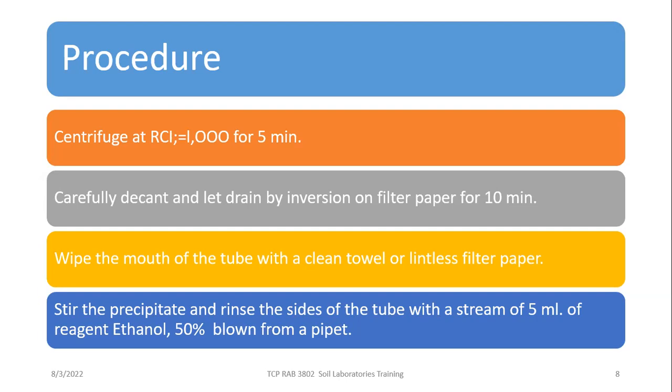Carefully decant and let drain by inversion on filter paper for 10 minutes. Wipe the mouth of the tube with a clean towel or lintless filter paper. Stir the precipitate and rinse the side of the tube with a stream of 5 ml of reagent ethanol, 50%, blown from a pipette.